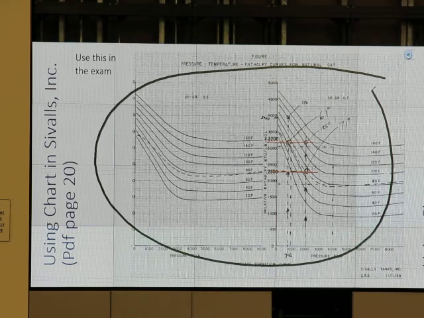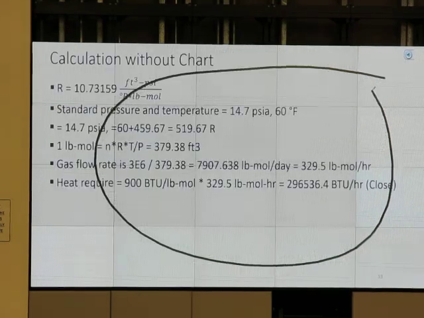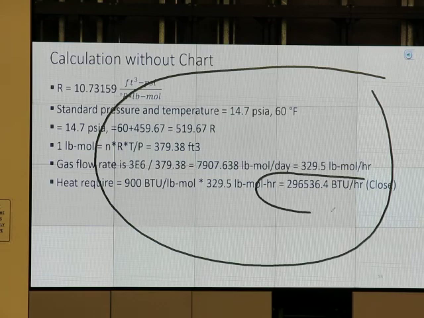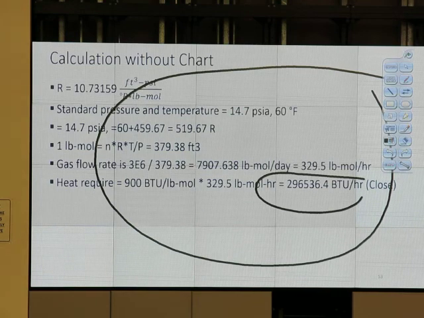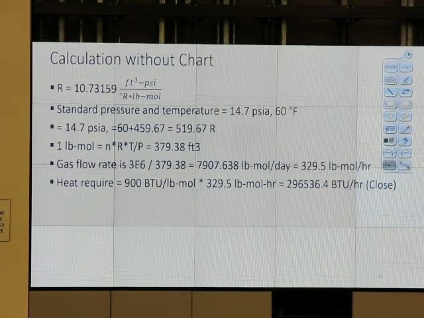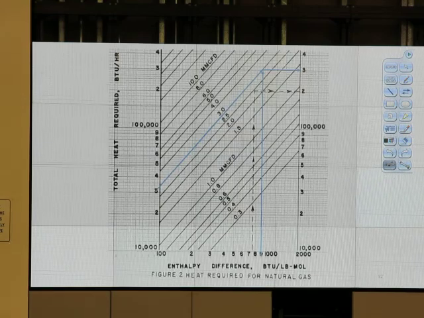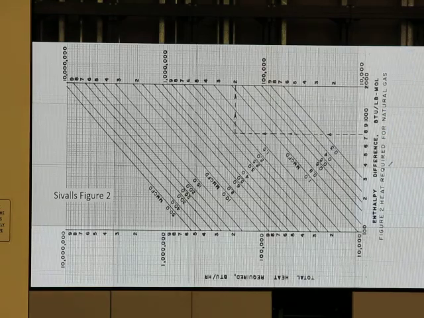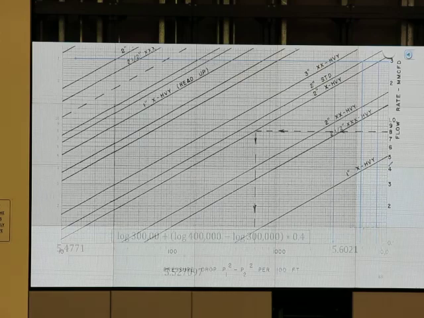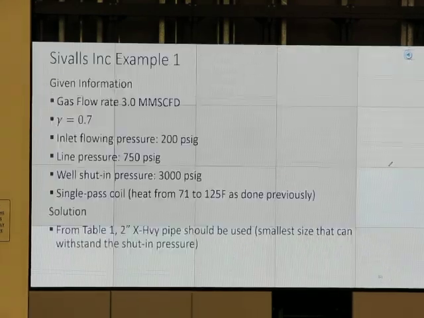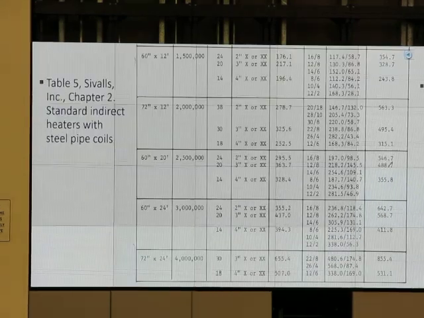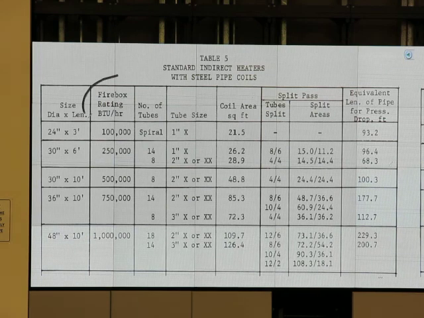After I get BTU per hour, I can tell this one is about 300,000 BTU per hour. Then I can almost select the Firebox rating right away, right? Based on this thing.